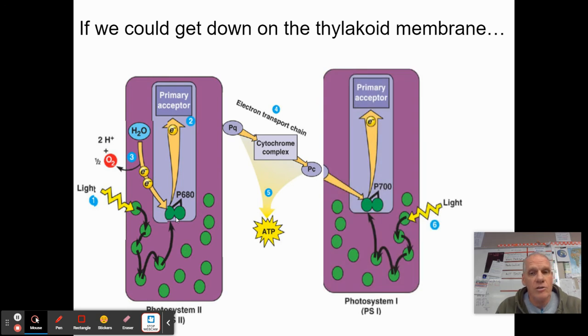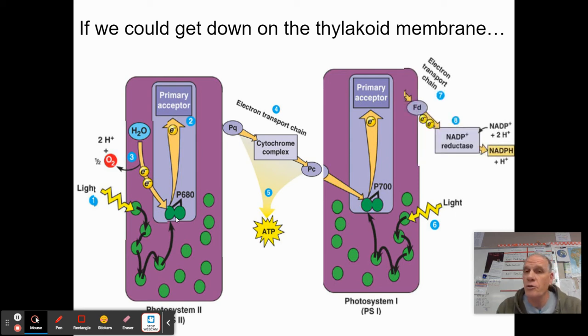Those electrons, after being depleted of their energy, go to photosystem 1, where once again they are going to be energized, move up to another primary acceptor, go down another short electron transport chain where those electrons are going to be used to reduce NADP to NADPH.